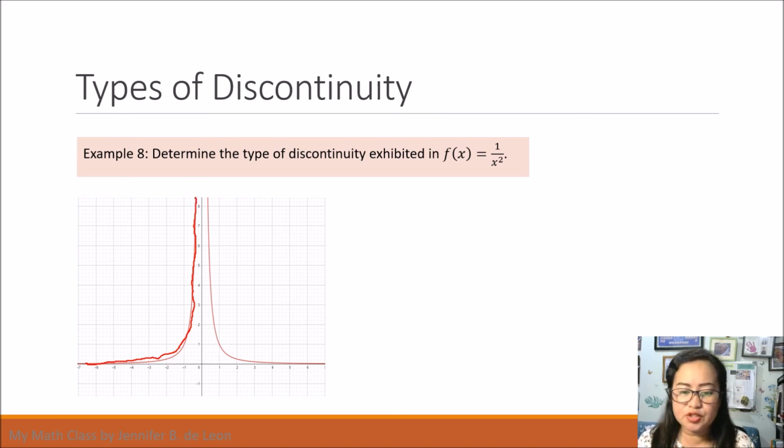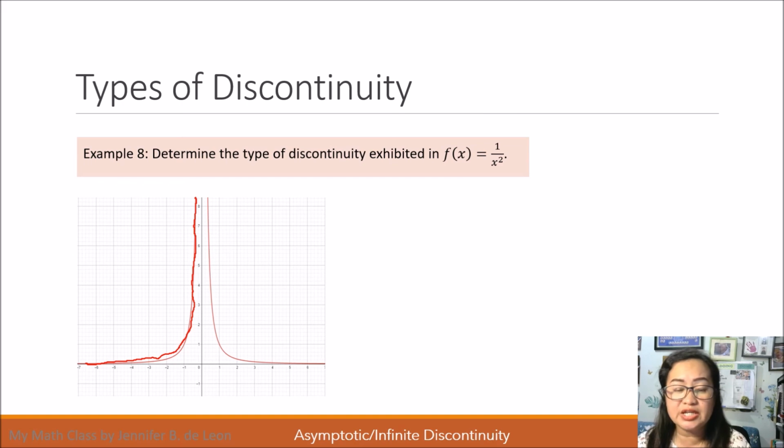So by definition, we can conclude already that this graph is discontinuous, and the kind of discontinuity would be asymptotic or infinite discontinuity. By definition, at least one of the limits is equal to infinity.